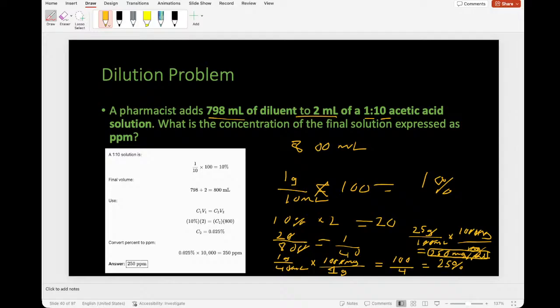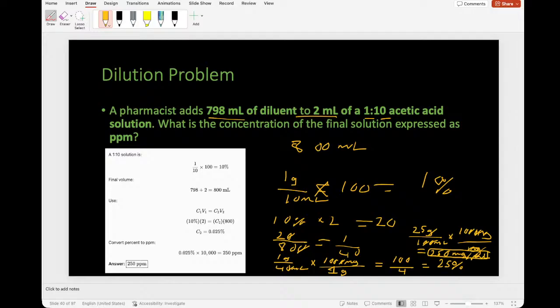Once you get that, you can start working on the C1, V1 to get your 20. Then you would divide that 20 by 800, you get 1 over 40, 1 gram over 40 ml, and then you would do the conversion here, which is 1,000 milligrams over 1 gram.